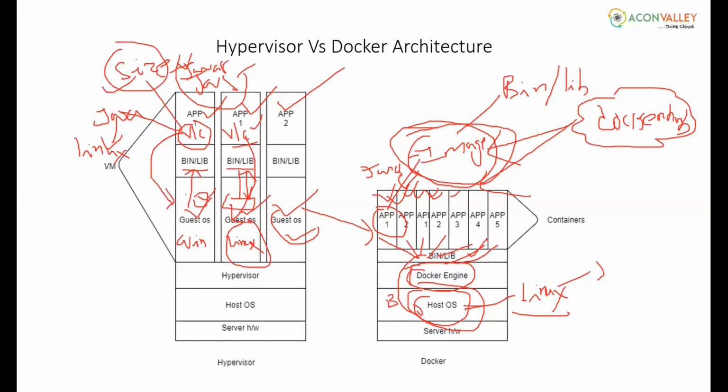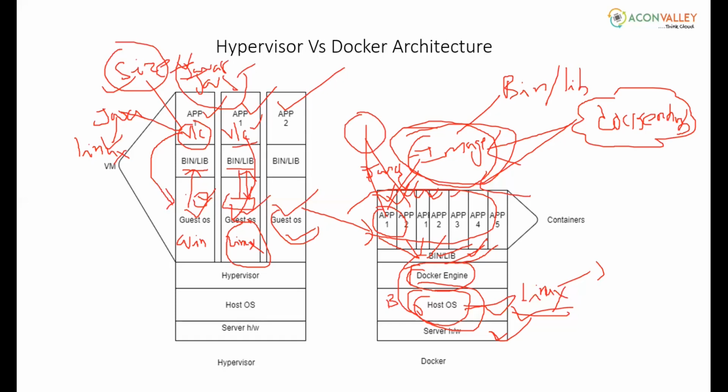That's why Docker is very famous. By using a single hardware and a single OS, you can run multiple applications, and the same application with different versions also, which is only possible in Docker, not in a hypervisor.